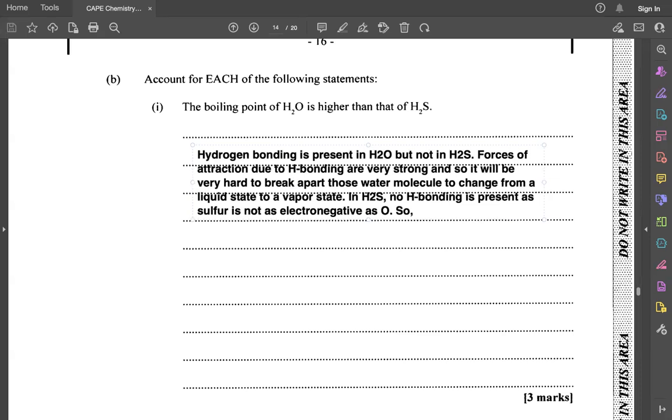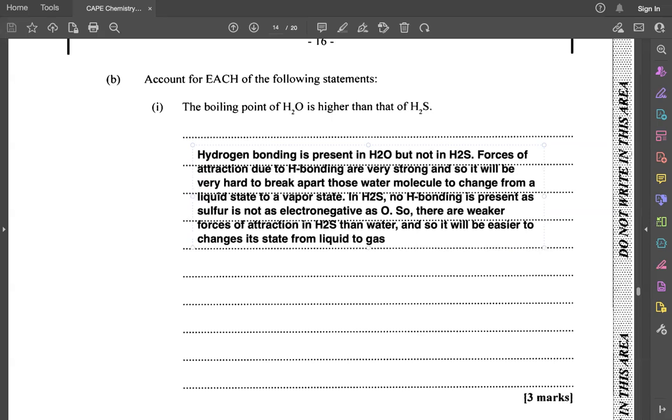So there are weaker forces of attraction in H2S than water, and so it will be easier to change its state from liquid to gas or vapor.